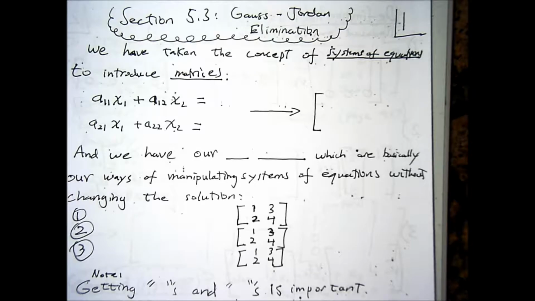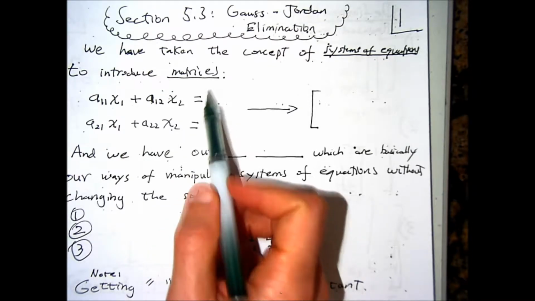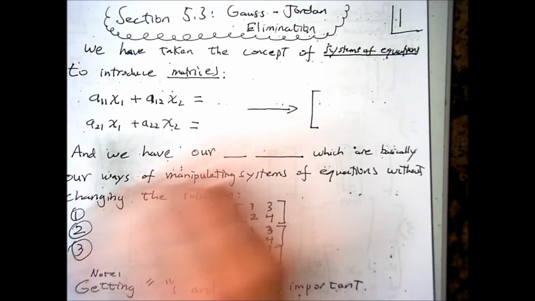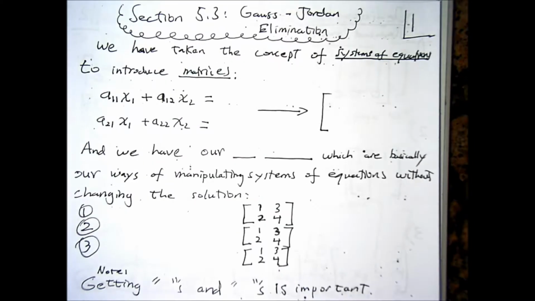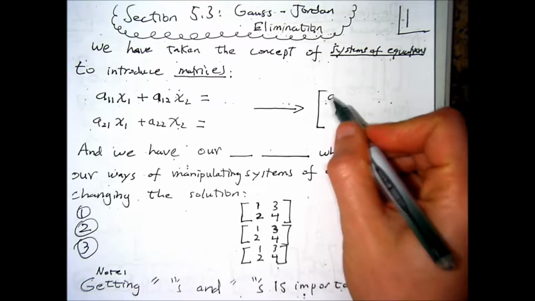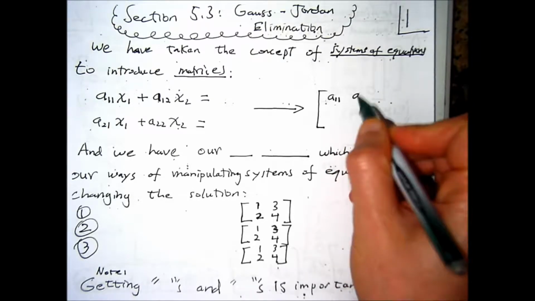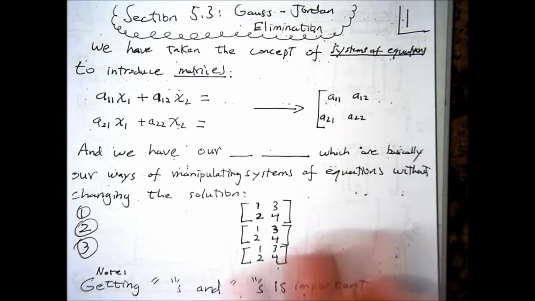If we're given a system of equations, we would write this system, which I haven't completed yet because there's supposed to be stuff on the other side, but the coefficients are what we care about. So I asked last lecture, what's the necessary stuff in order to solve our problem. The only necessary stuff is to write the coefficients. So a11, a12, a21, and a22. And this is our matrix. Really, this is the stuff that we're going to explore.